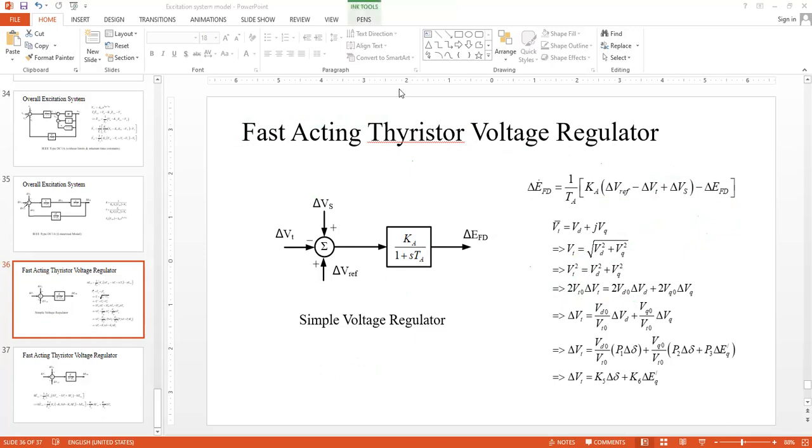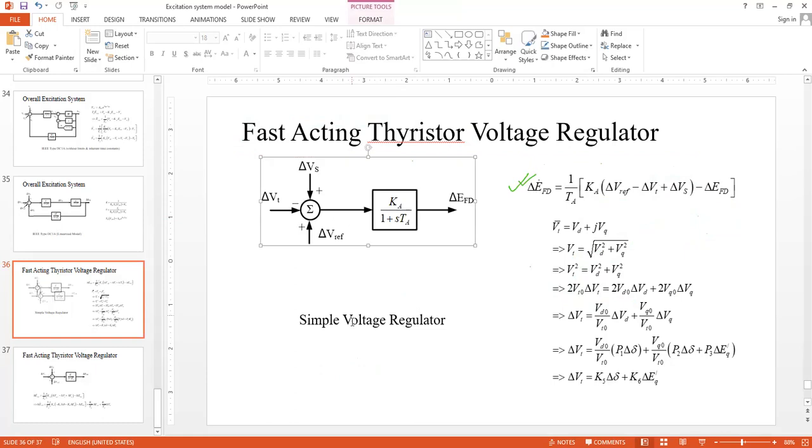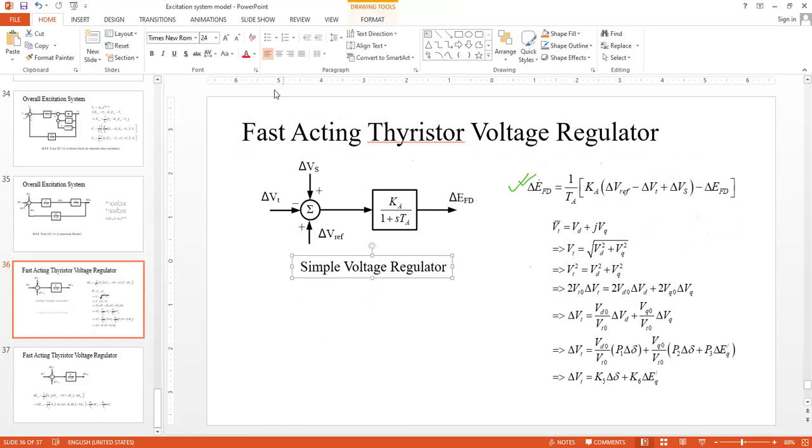If we try to find this equation over here, what we have to do simply is write the output divided by input. That would be your transfer function.